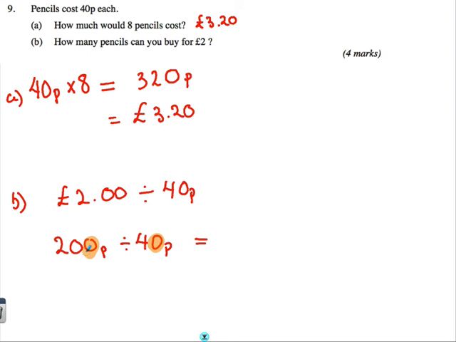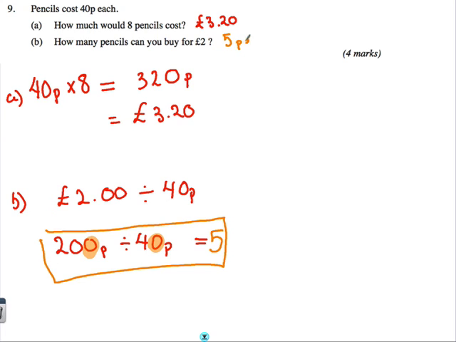So it will be 20 divided by 4, and 20 divided by 4 leaves us with 5. Put 200 divided by 40 into your calculator. How many 40s go into 200? And that is 5. So how many pencils can you buy for £2? It's 5 pencils. And we're done.